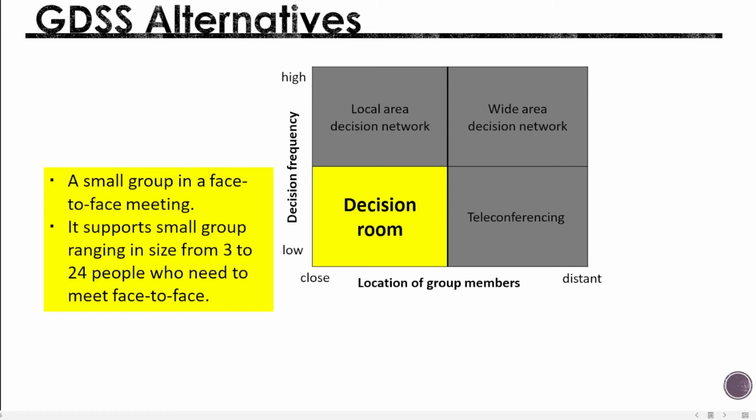So, etong decision room is a specific physical space where group members convene occasionally for focused decision-making session. So, it must be equipped with the necessary technology and tools to facilitate the process. An example siguro is a board of directors meeting quarterly in a conference room equipped with interactive boards and data visualization. Okay.